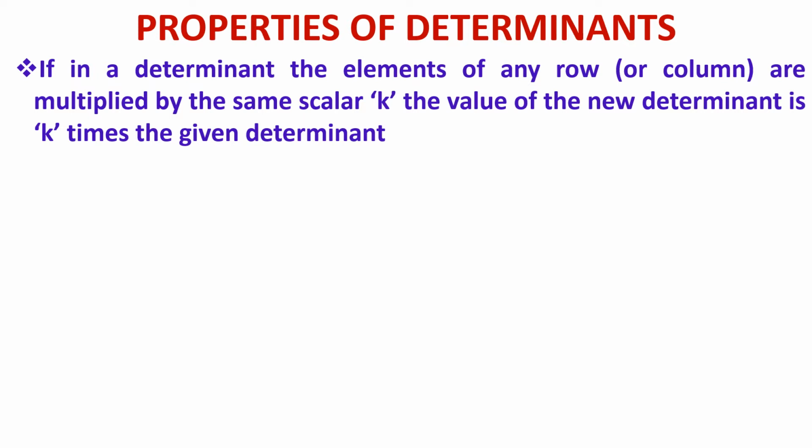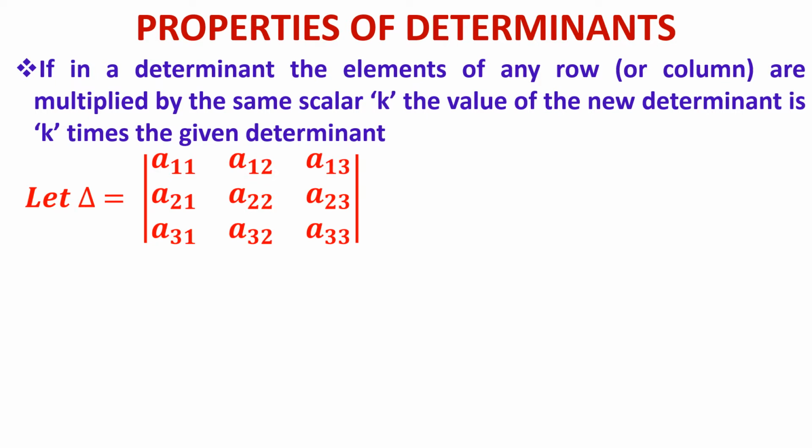We are going to multiply only a particular row or a particular column. Be careful. In a matrix, when you multiply by a scalar, it will be multiplied with all the elements of the matrix. But in a determinant, we will multiply only a particular row or a particular column. The value of the new determinant is k times the given determinant.